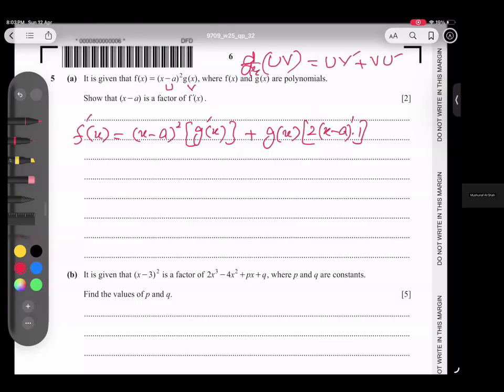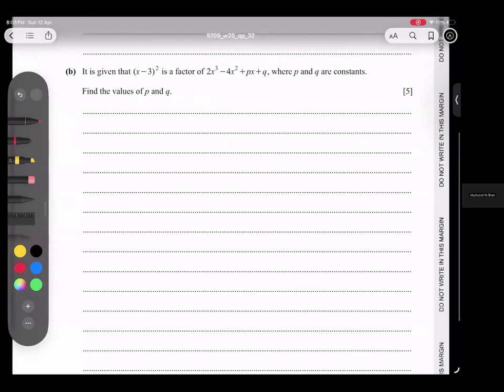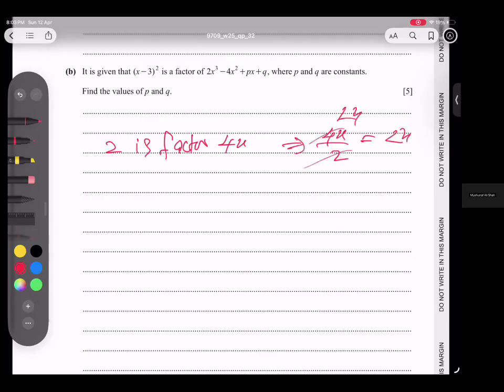Now, very interesting. Before I go further, my question: if I have 4x, can I say 2 is a factor of 4x or not? How is it a factor? If I divide, we get a whole number, like it is cancelable.